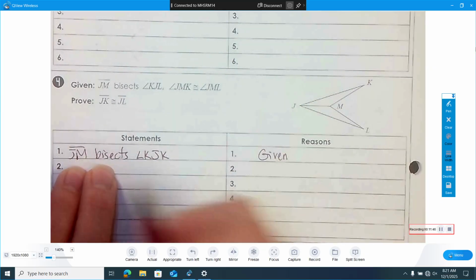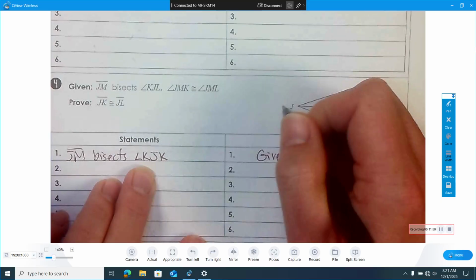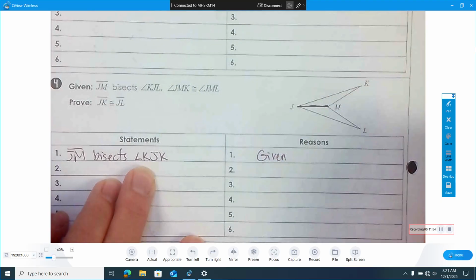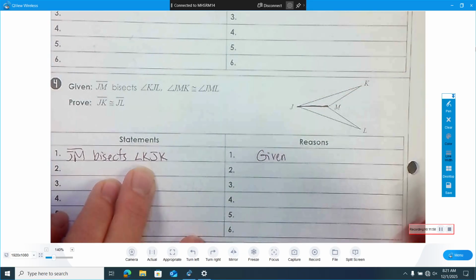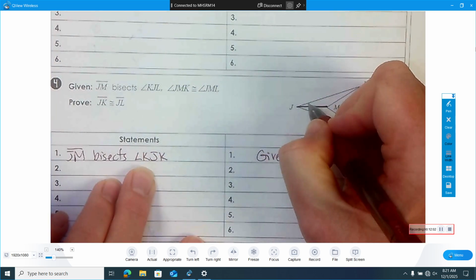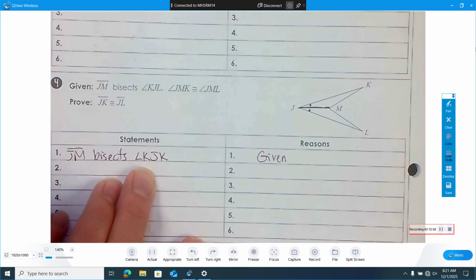Segment JM is bisecting angle KJL. So JM is right here, and it's bisecting this large angle into what? Two congruent angles. Yeah, the little upper and lower angles have to be congruent. Can I do that next? Can I maybe write that down?